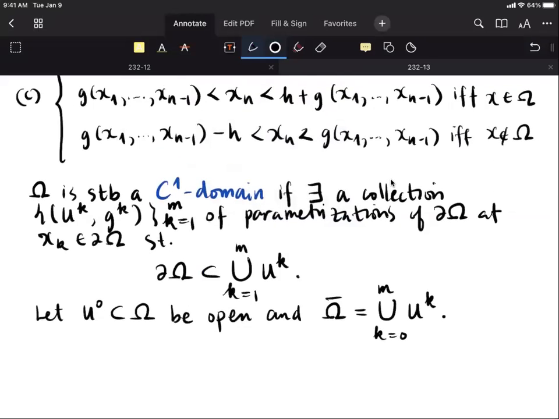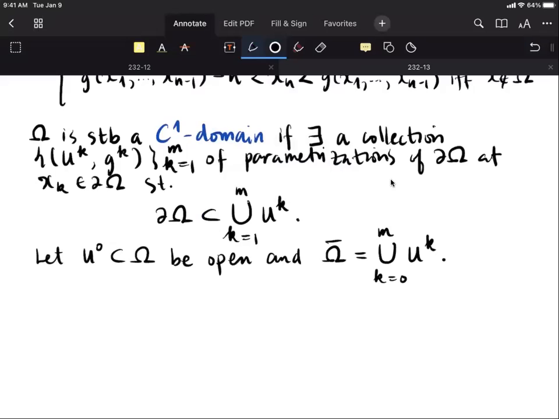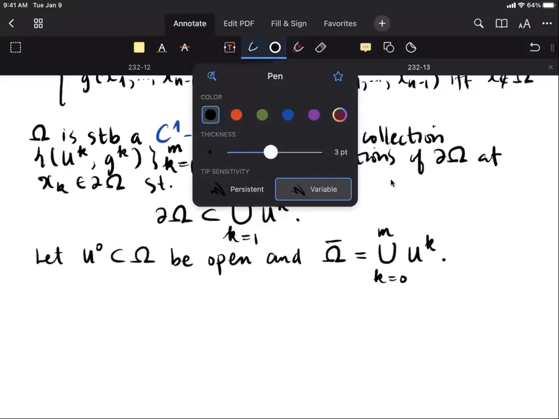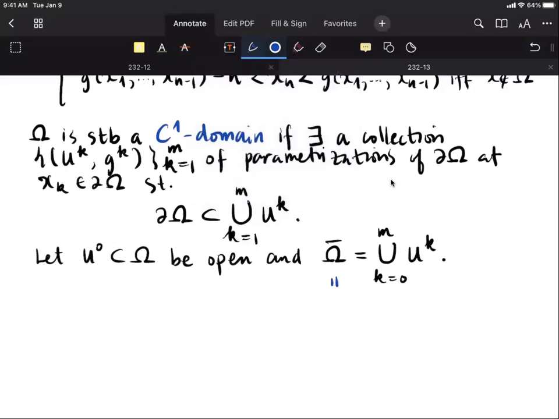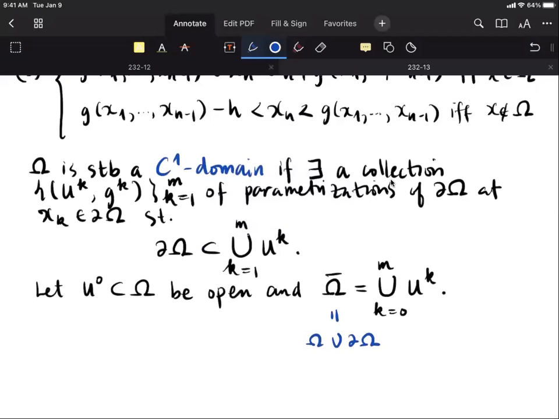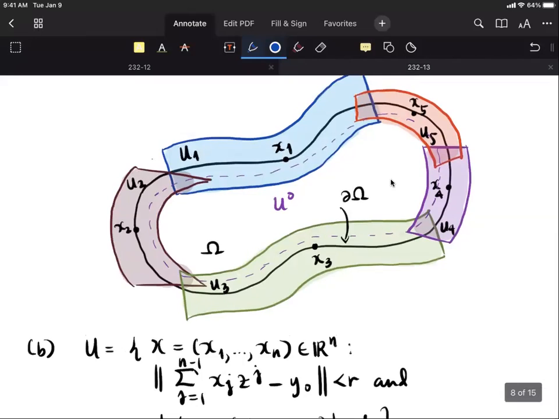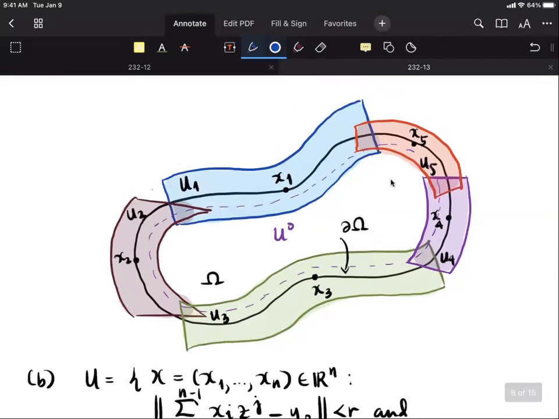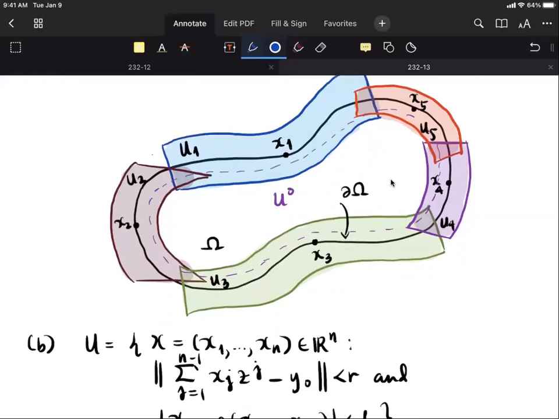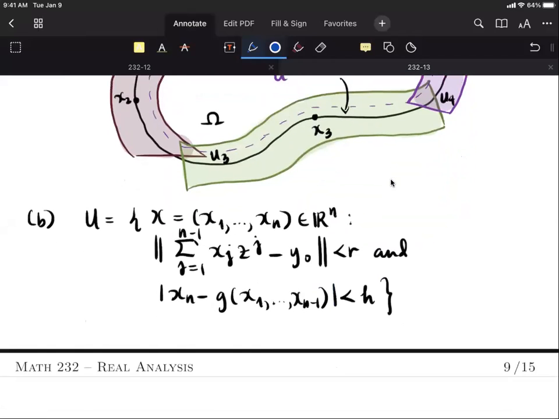Take note that the closure of omega is equal to omega and the boundary. So u naught somehow covers the missing parts of omega left by the union of the open sets in the parameterization.